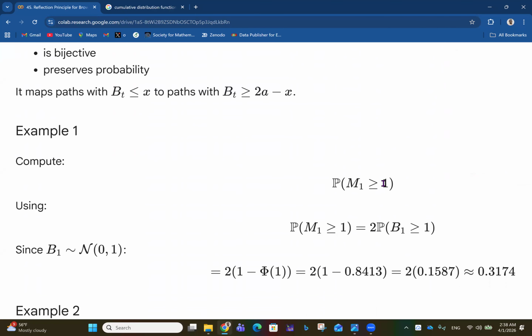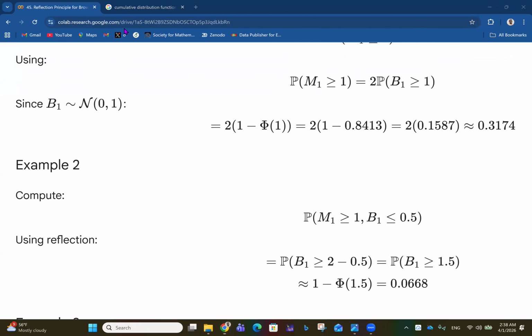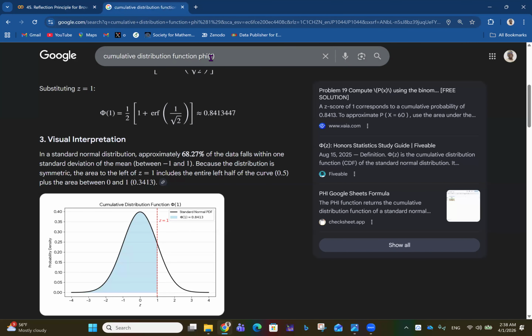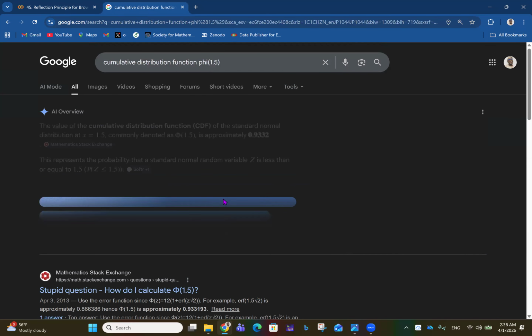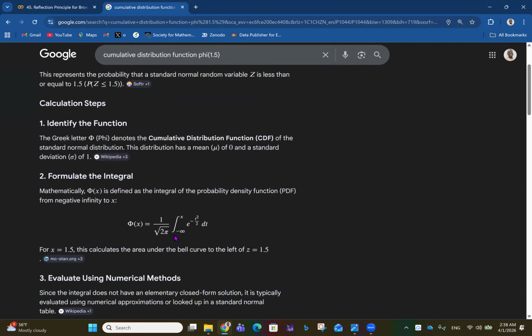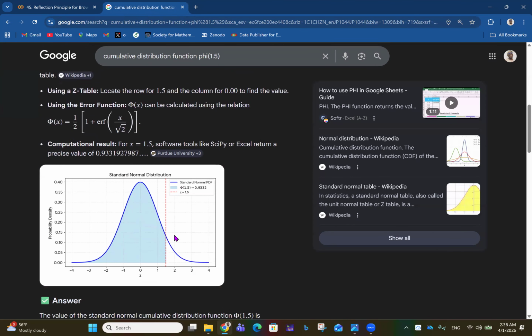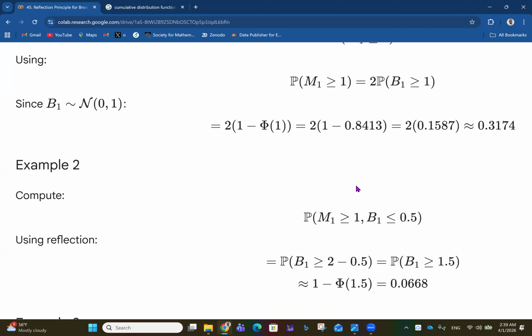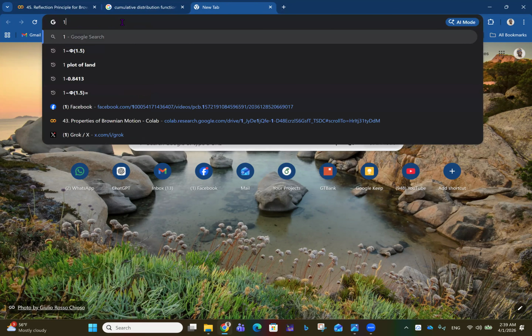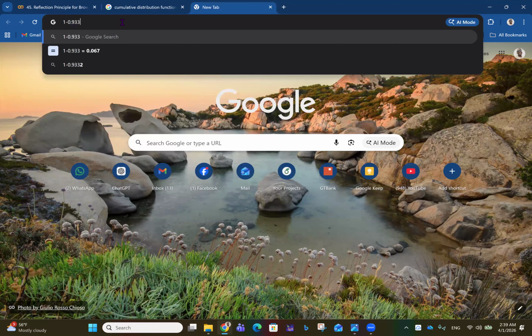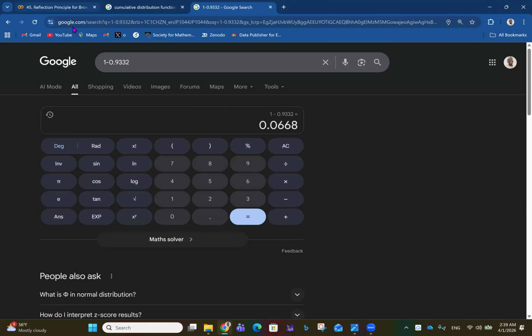So in this case, we have 1 minus phi of 1.5. Like I said, we can check that up. Phi of 1.5 is about 0.9332, and 1 minus 0.9332 is 0.0668.